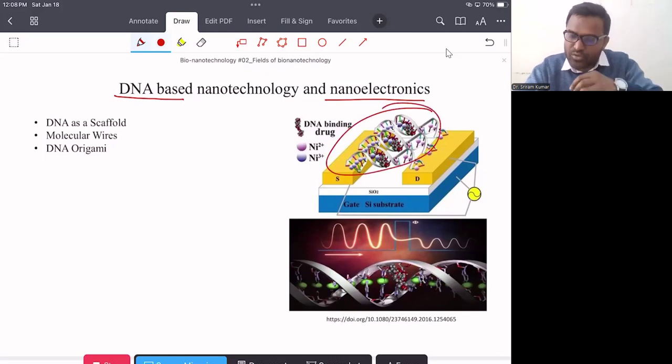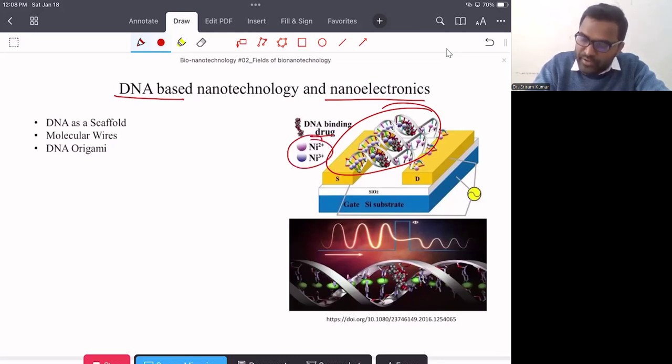We can modify that DNA with our desired material. Here you can dope in a particular drug. You can modify this end group here with nanoparticles, and based on this we can modify that DNA for diverse applications.